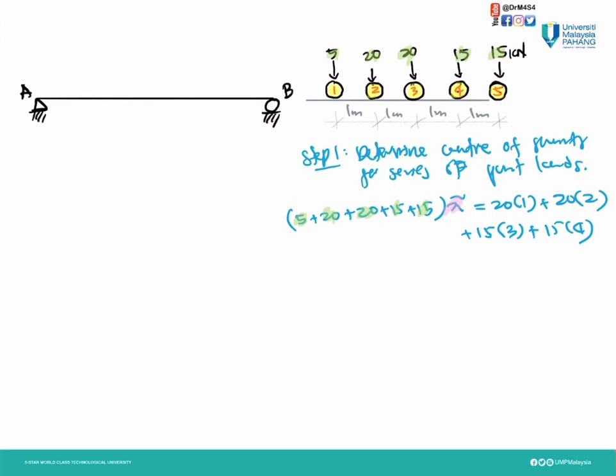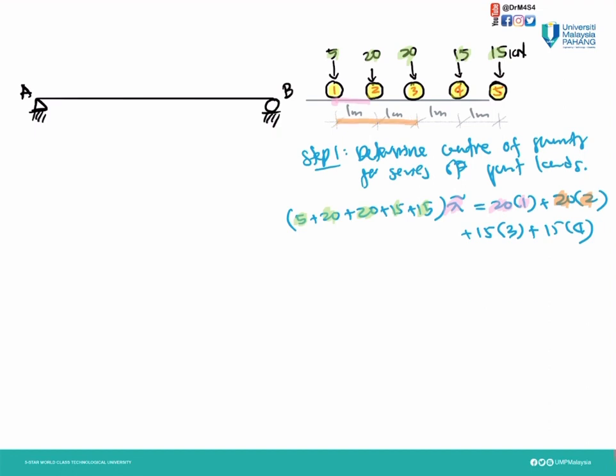20 times 1. As I told you earlier, we take this point at wheel number 1 as a reference point. Therefore, 20 times 1 meter for the second wheel. Then for the third one, 20 times 2 meter.